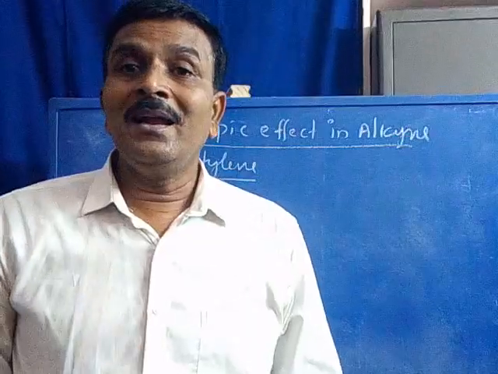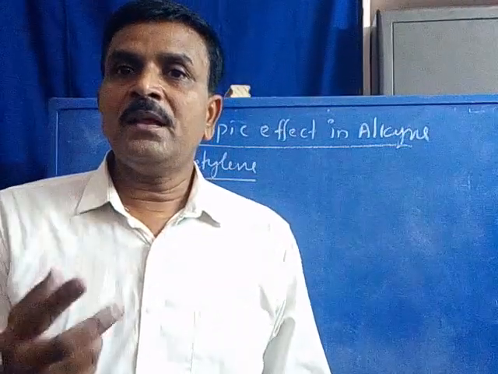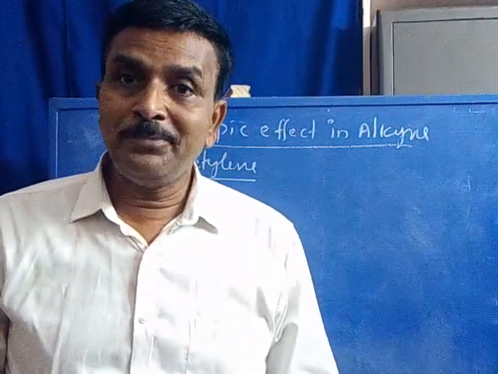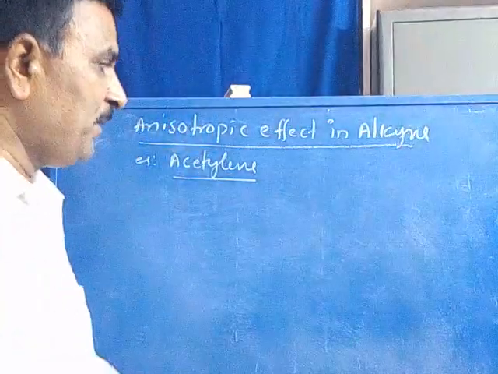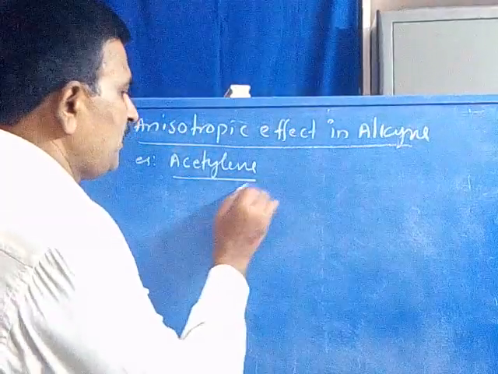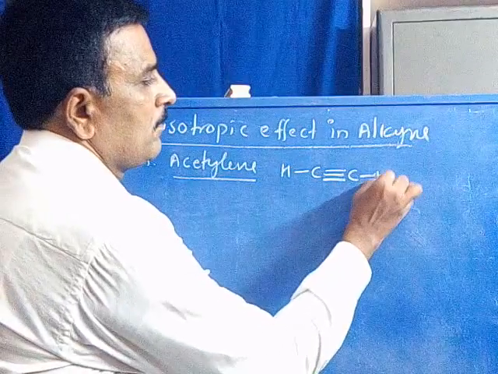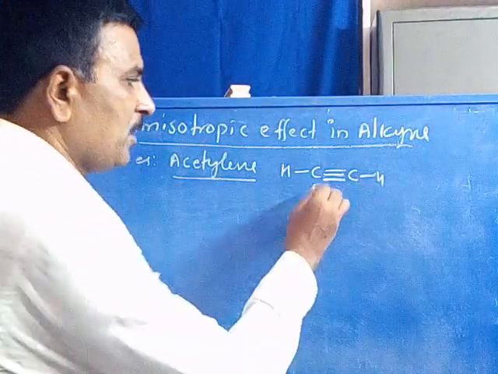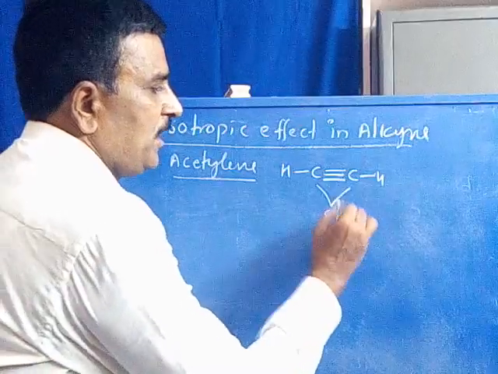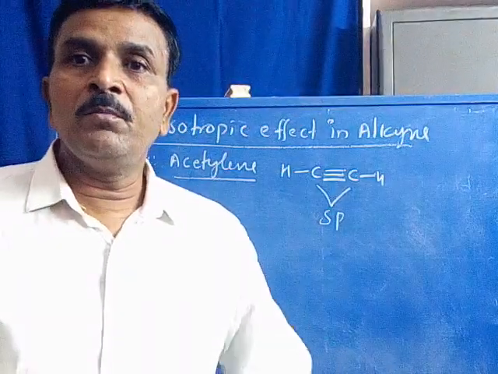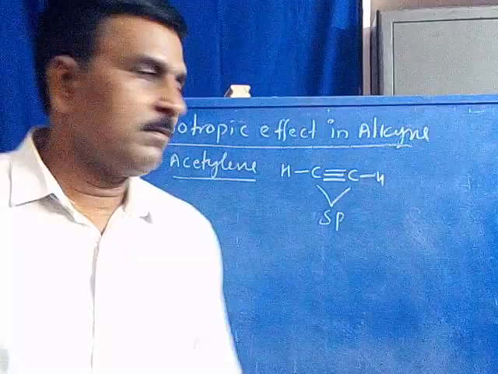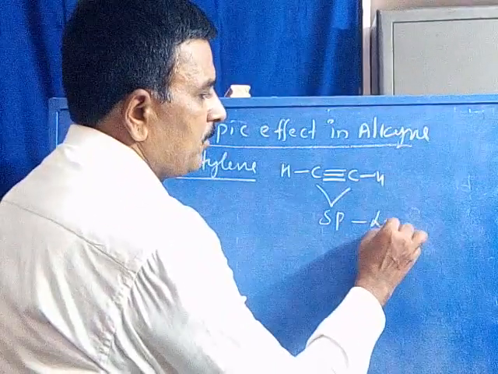In alkyne, both carbons are sp hybridized carbons, hence the molecular geometry is linear.